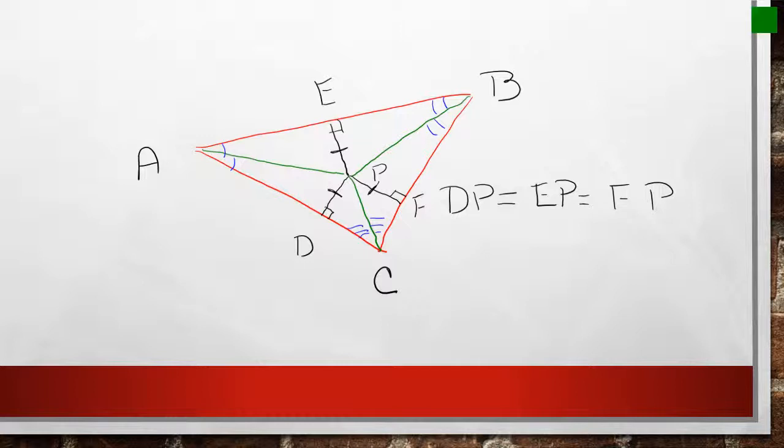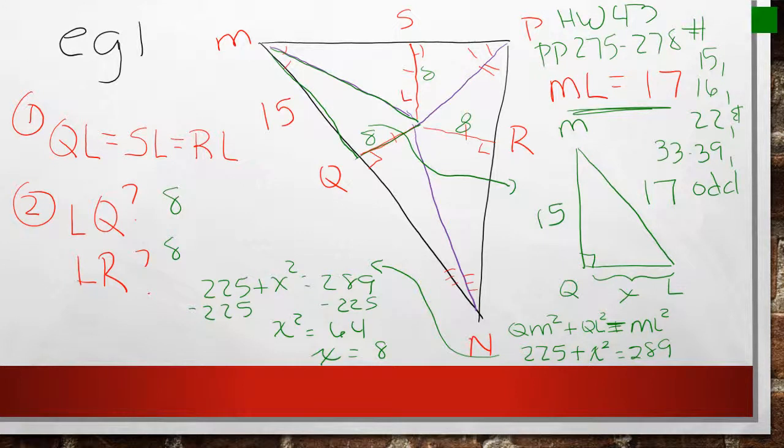All right, so next screen, let me just give you one example. Example 1. So say, and basically this is going to be your example 2 in the book, we have this big triangle. Right?